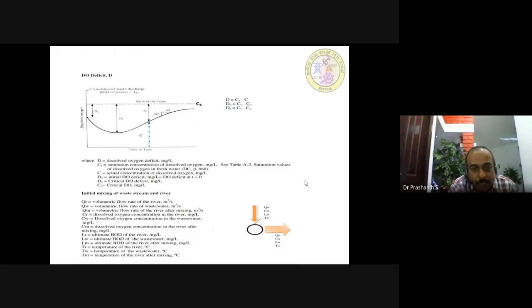That is, the dissolved oxygen saturation level is CS, the horizontal line, and at the initial point where the curve is starting it is C. So CS minus C is the dissolved oxygen deficit, which I have taken as D at any point of time. At the initial point at 0, I have taken it as D0.